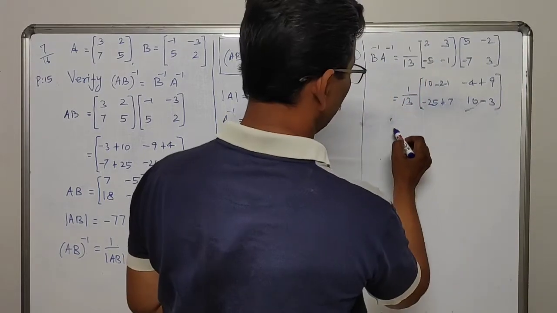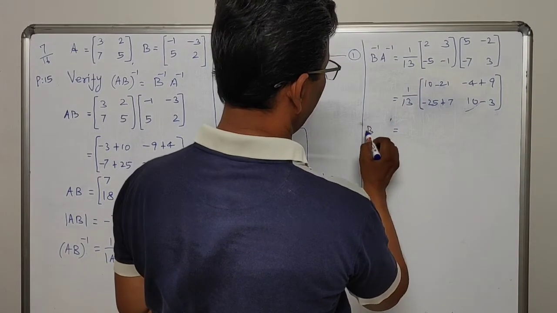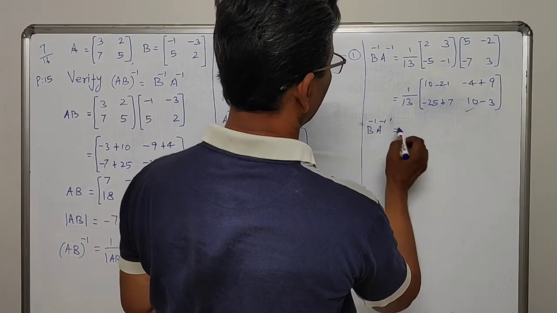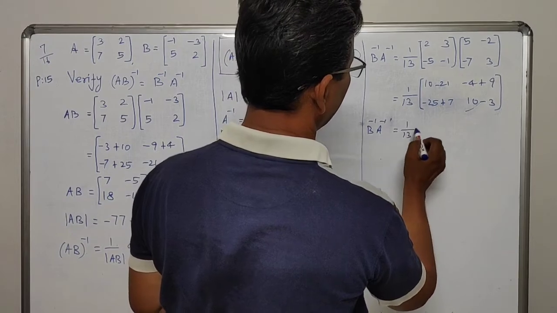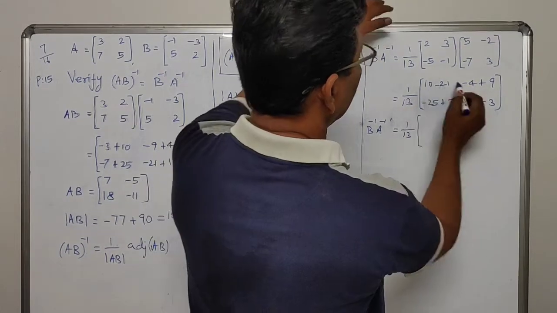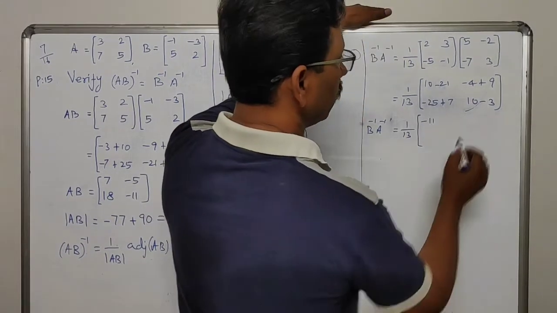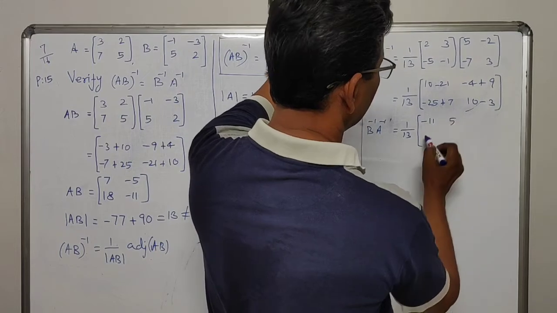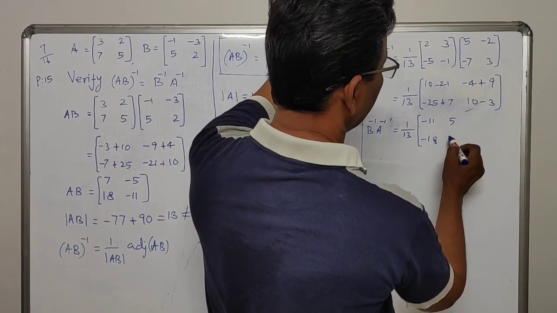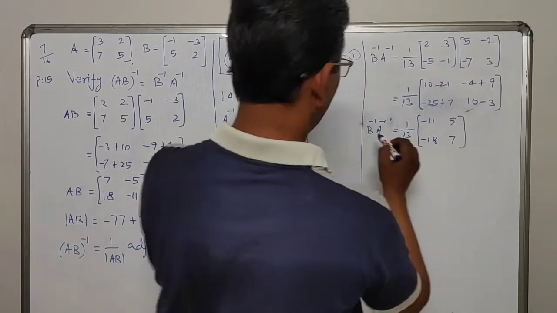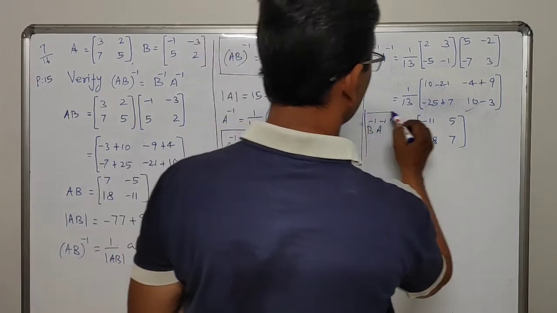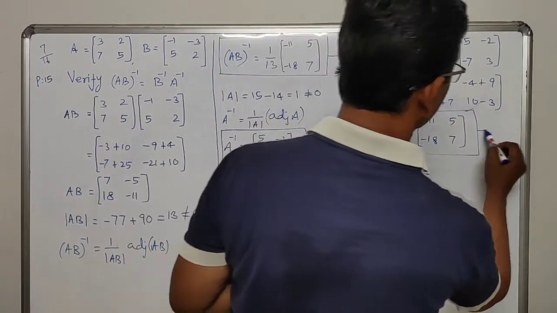After simplifying, you get B inverse into A inverse as 1 by 13 into [-11 5; -18 7]. You can take this as result number 2.